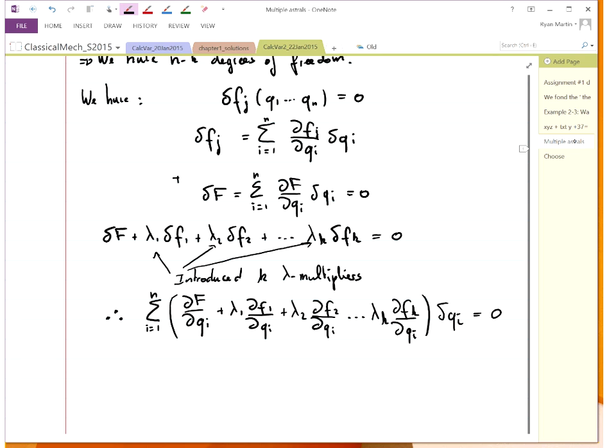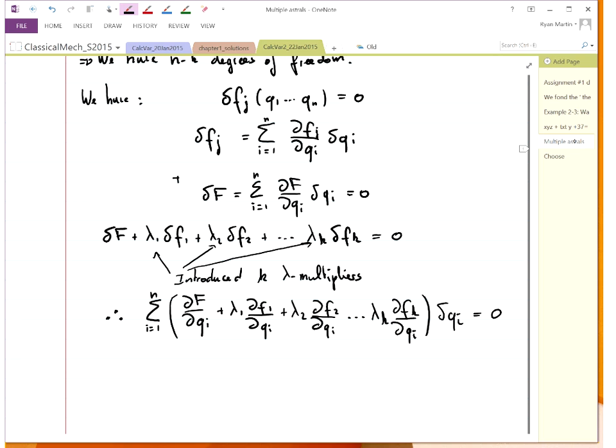In the case where there were no constraints, you don't have any of the lambda terms, the delta qi's can be varied independently from each other, and so each term in the sum must be equal to 0, and that gives us the condition that ∂F/∂qi is 0. So if you don't have any lambdas in there, and the delta qi are independent from each other, only the first term survives, and each of those first terms is equal to 0. So ∂F/∂q1 is 0, ∂F/∂q2 is 0, etc.